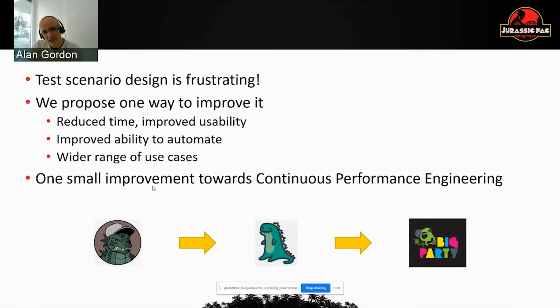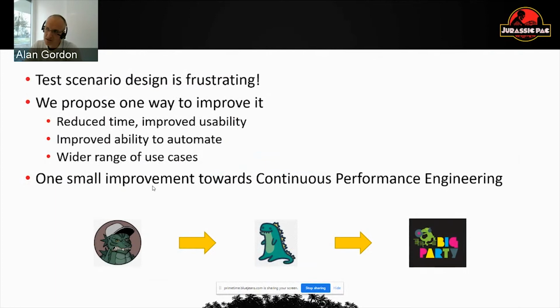So in summary, test design is a frustrating part. It always has been. I think it continues to be for me. What I propose today is one way that this can be improved. It will reduce the time and effort.